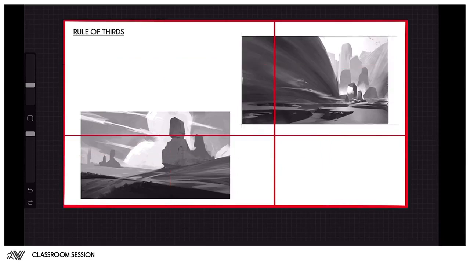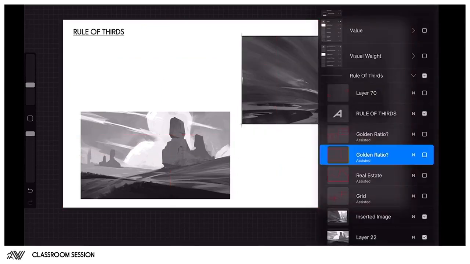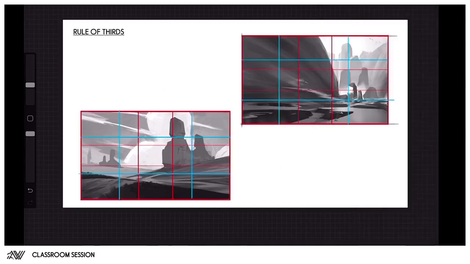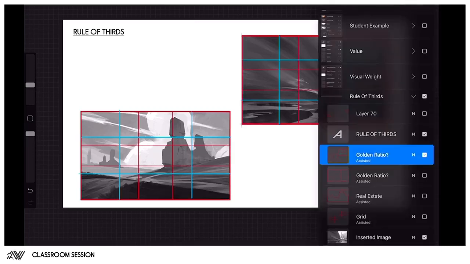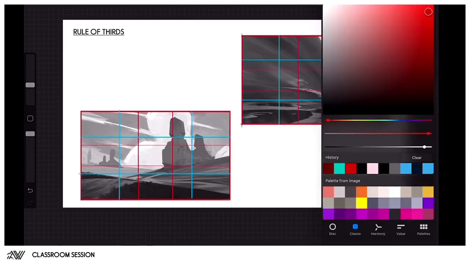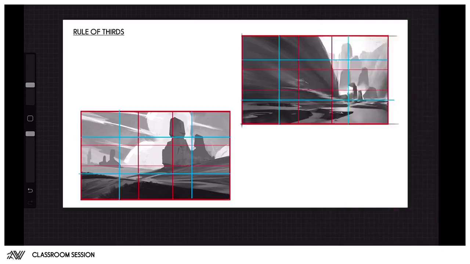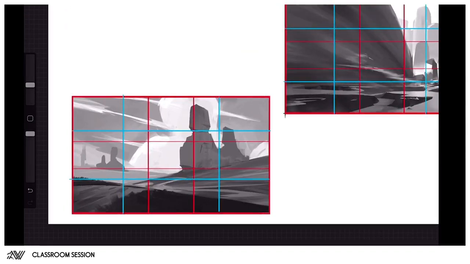Great. So if we get rid of that and look at the golden ratios in my examples, the ones in red are the primary golden ratios that I've measured, and the ones in blue are the secondary golden ratios, sorry. The secondary golden ratio is, for instance, this width.